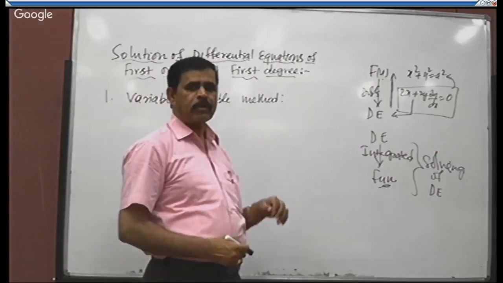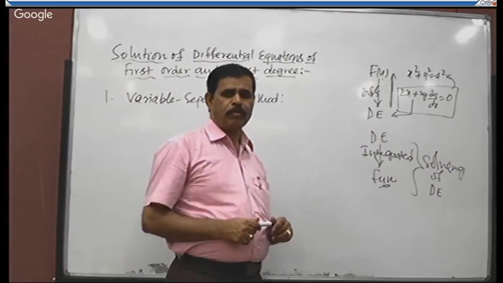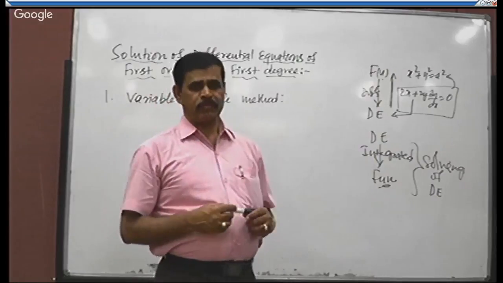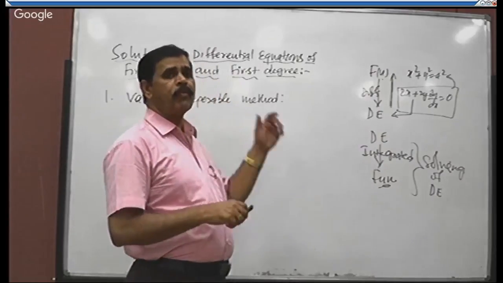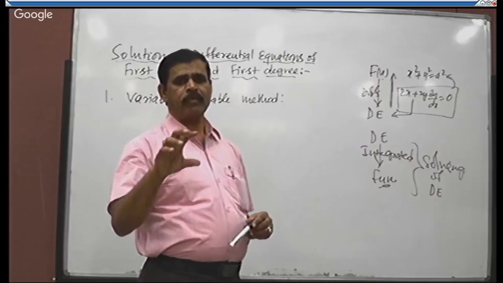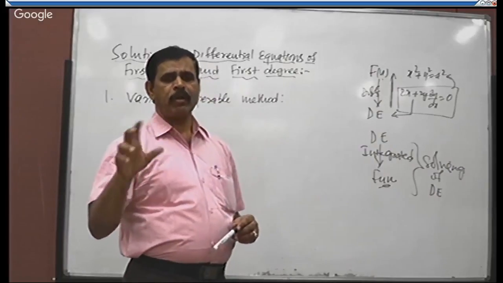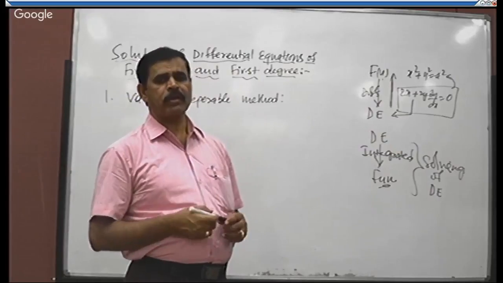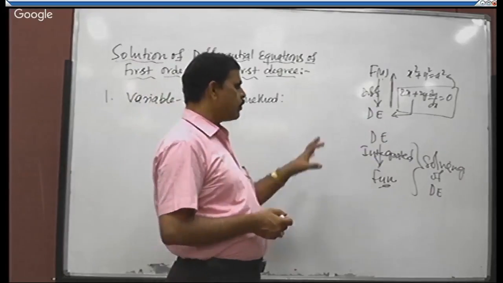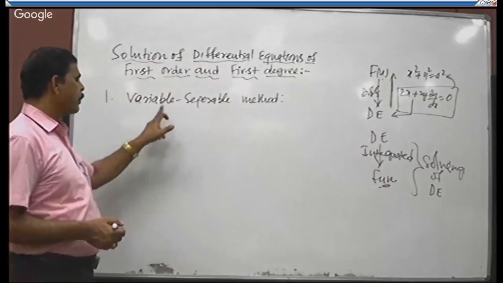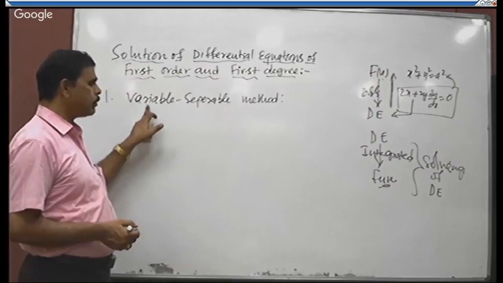So given differential equation cannot be integrated directly. Some equation can be integrated directly, some cannot be. Why? Because they will be in different form. They will be in mixed variable form. X should be along with dx, y should be along with dy. Then only we can integrate it. Otherwise, we cannot integrate. Therefore, we have to use a step to separate the variables.